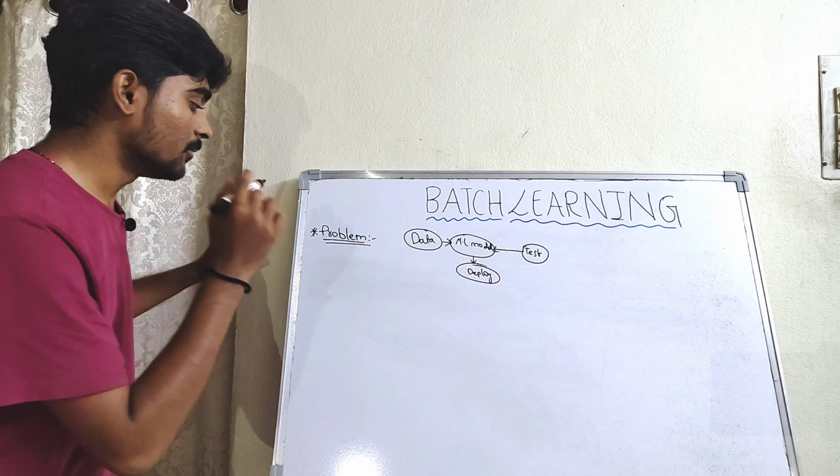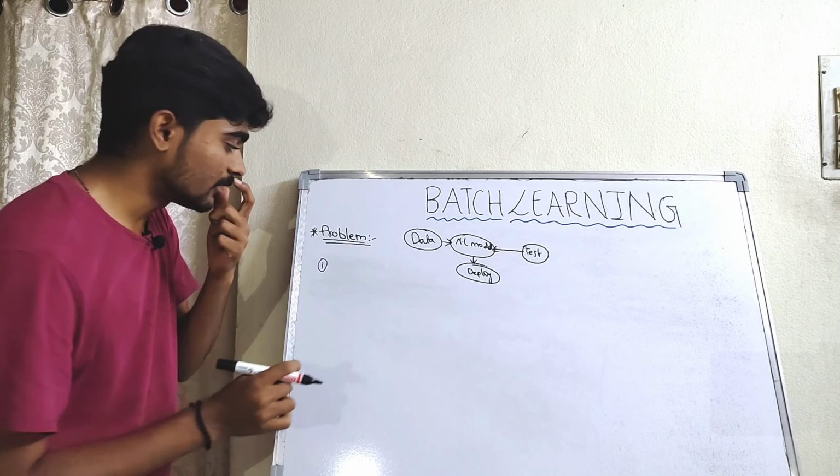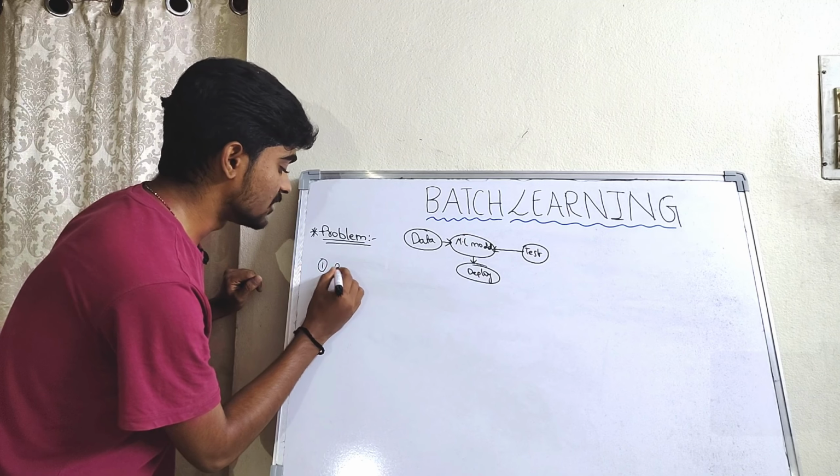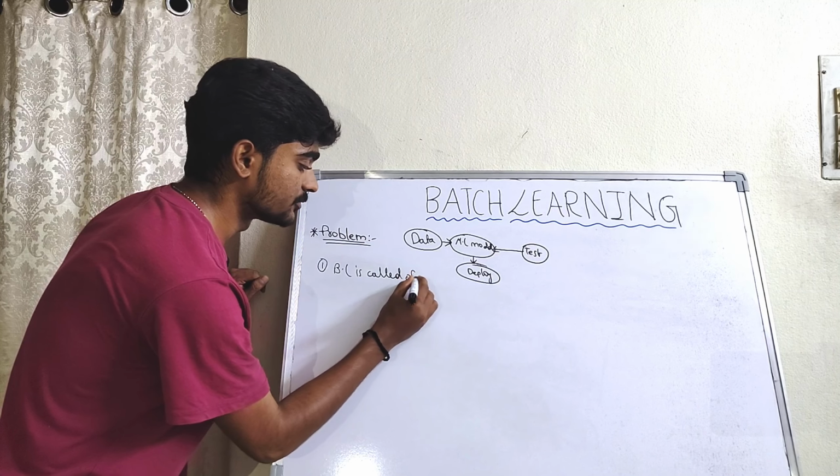To understand this problem, we need to understand two points. The first point is that batch learning is called offline learning.